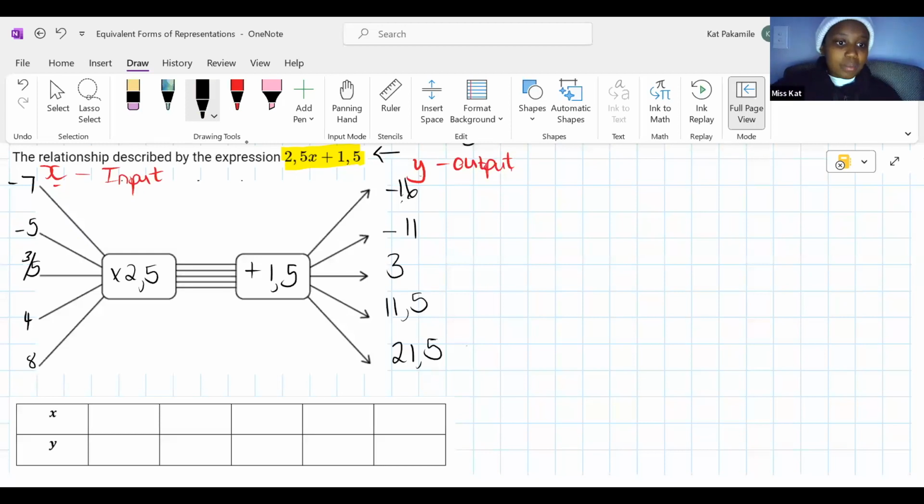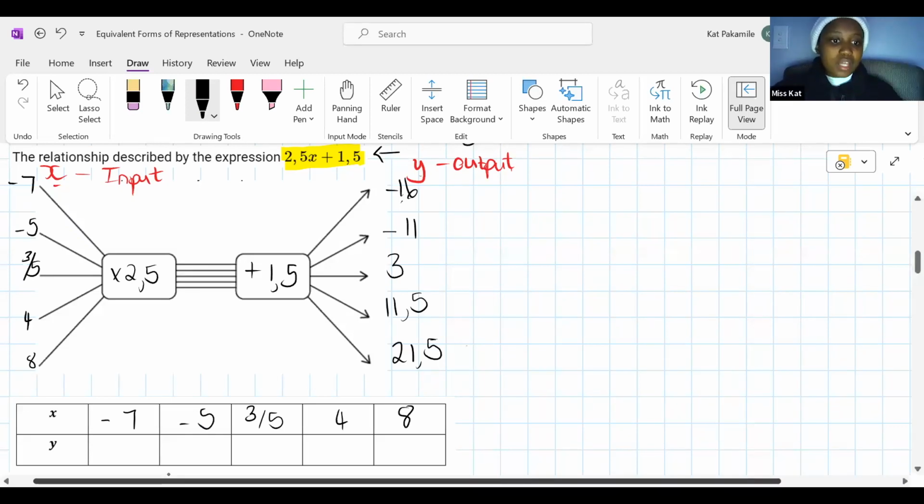So in X, I'm going to fill in -7, -5, 3/5, 4, and 8. And then for our output, I have to fill in -16, -11, 3, 11,5, and 21,5.